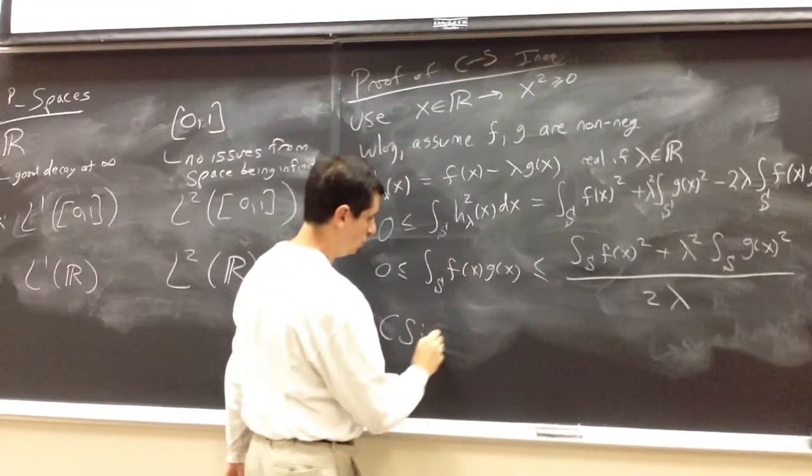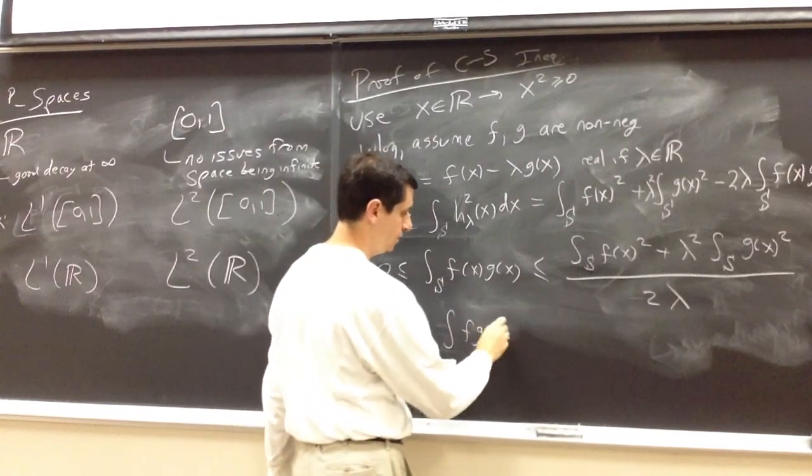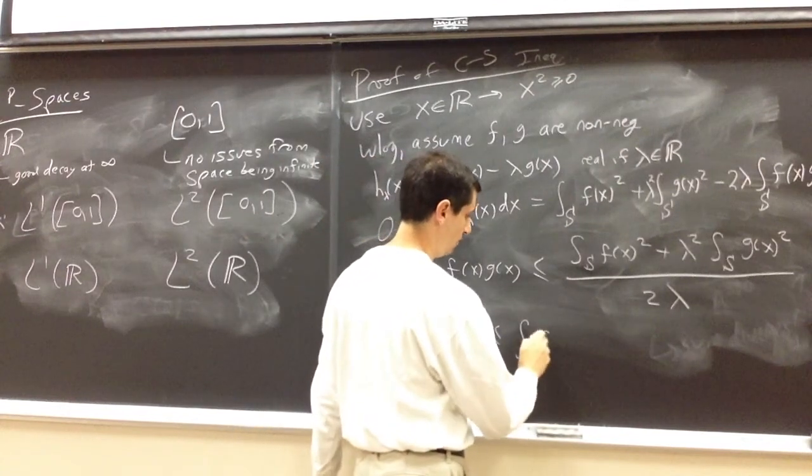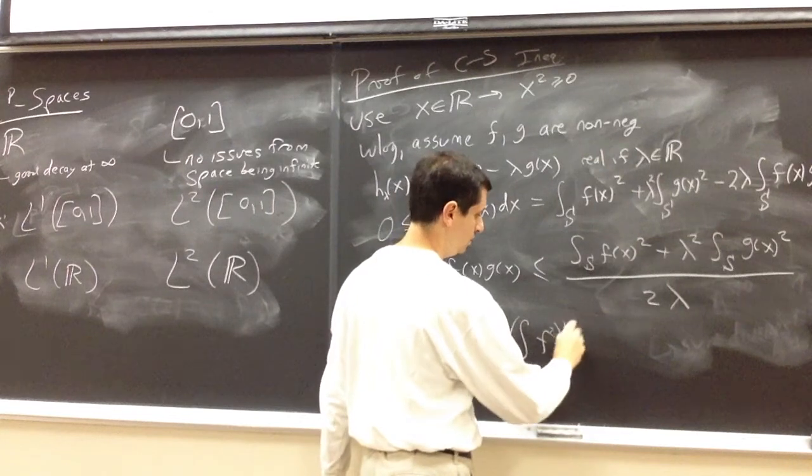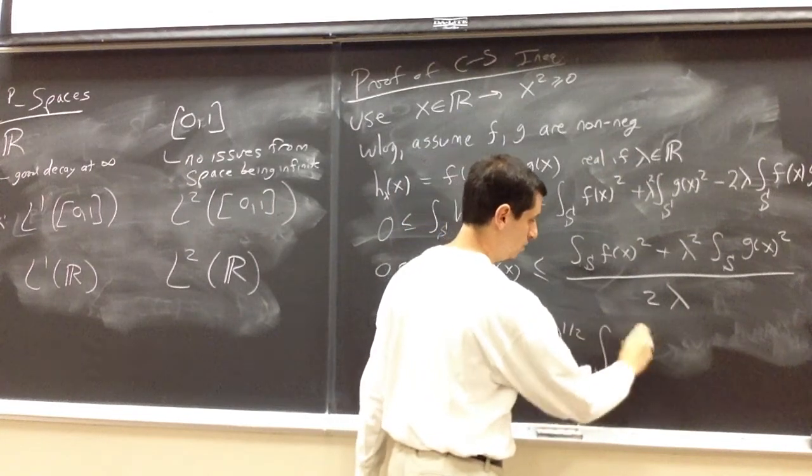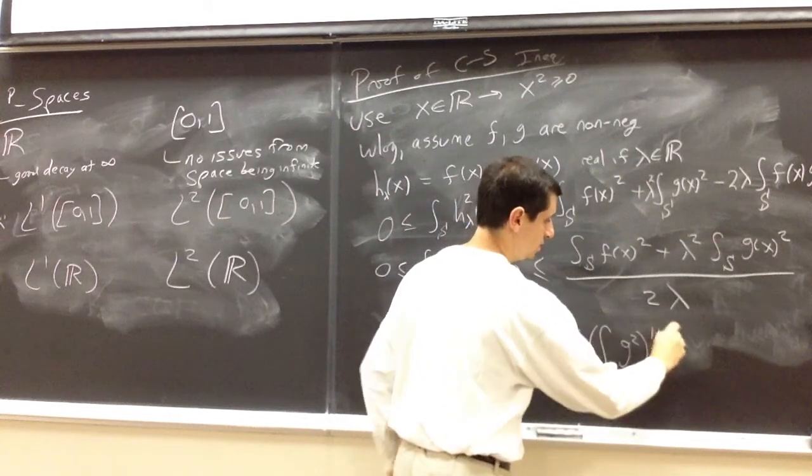So the Cauchy-Schwarz was the integral of fg is less than or equal to the integral of f squared to the 1/2 times the integral of g squared to the 1/2.